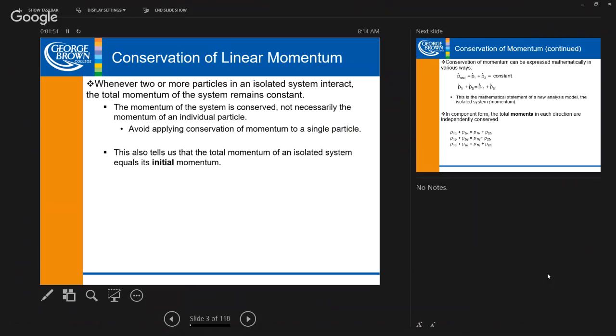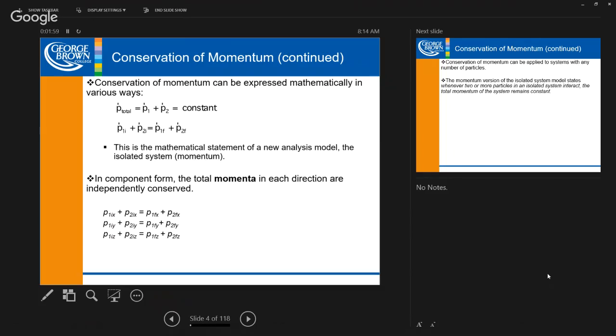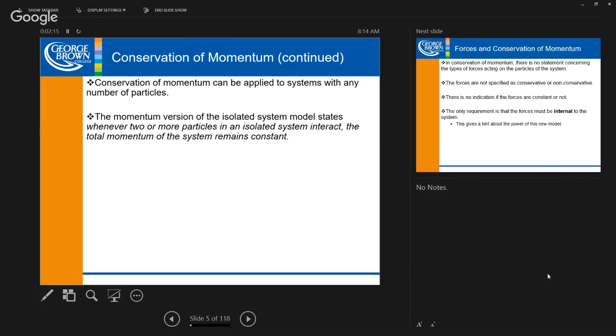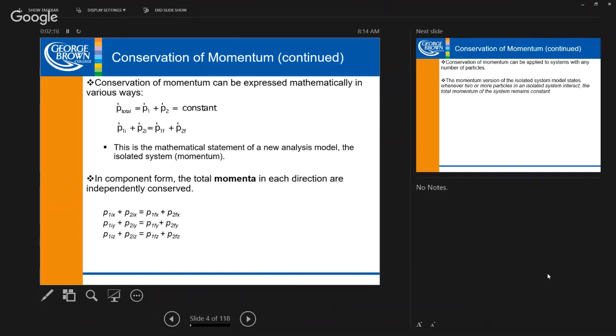Now that energy can be reflected, or it can be absorbed, but that energy is not lost. So yes, this is the mathy stuff that we talked about before. The total momentum is equal to the initial momentum plus the final momentum. It's the same momentum. It doesn't go away. And when we look at the components of momentum, we call them momenta.